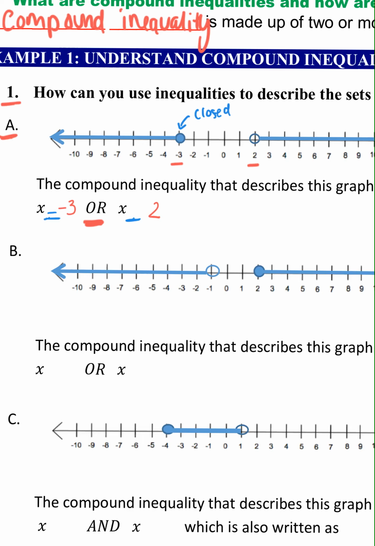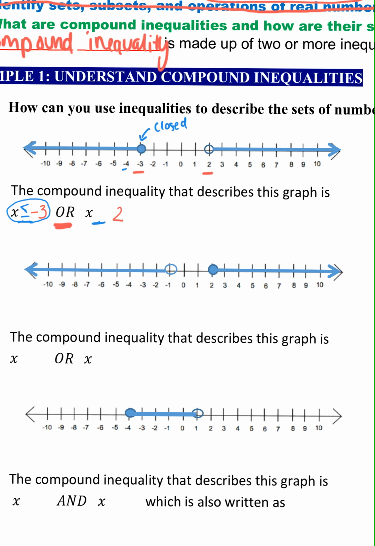I know that -4 is less than -3, and my arrow goes to all the numbers less than -3. So this guy is x is less than -3. -3 is bigger, remember? That alligator eats the bigger number. So my first inequality is x is less than or equal to -3.